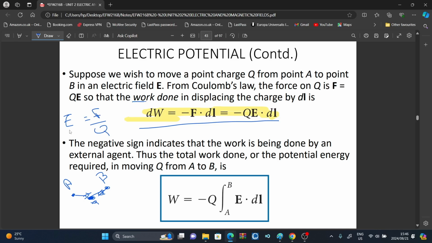And the work done, I remember, is just the energy displacement on a point. So in this case, we are going to calculate the work done, or energy that was applied on the point charge Q. That's the equation, and dl is just the smallest length, very small.